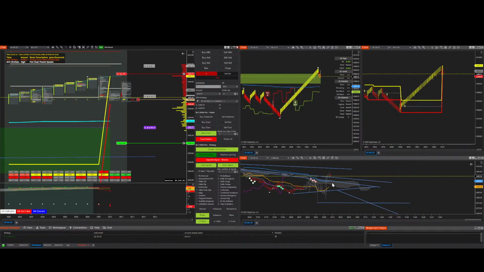And particularly, I took this discretionary because I thought, okay, we are quite extended, and it's maybe a good opportunity to take a little short scout. As you can see, it's fighting here.